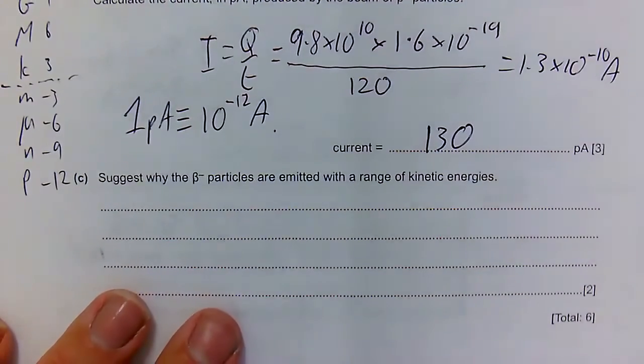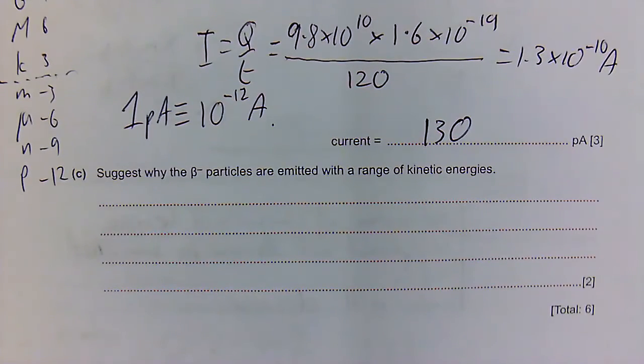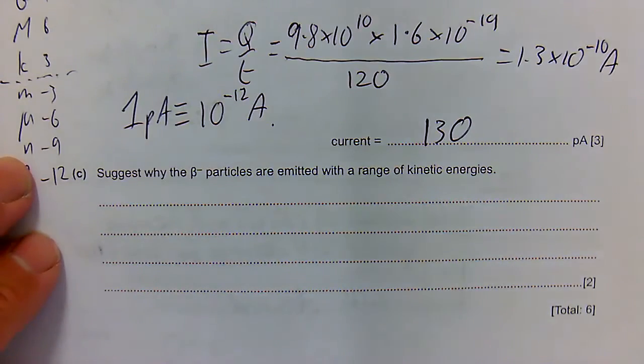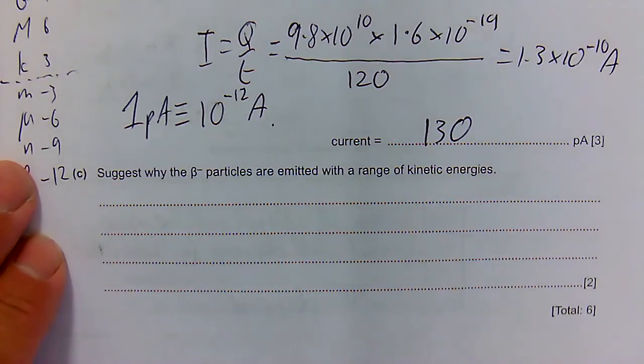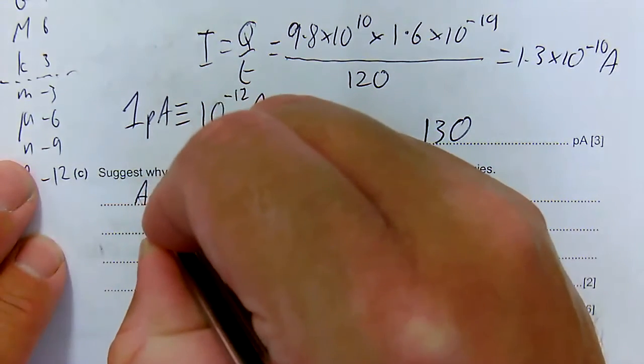Then to suggest why the beta particles are emitted with a range of kinetic energy. Remember that this was part of the evidence for the existence of neutrinos. So the first thing we could say is we know that an antineutrino is also produced.